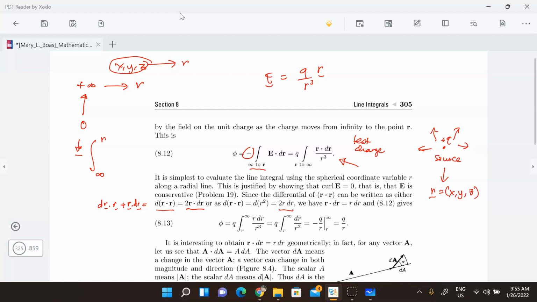Okay, so in other words, now I can write r dot dr in terms of this sort of distance rather than the vector. So finally this becomes r dr over r cubed.